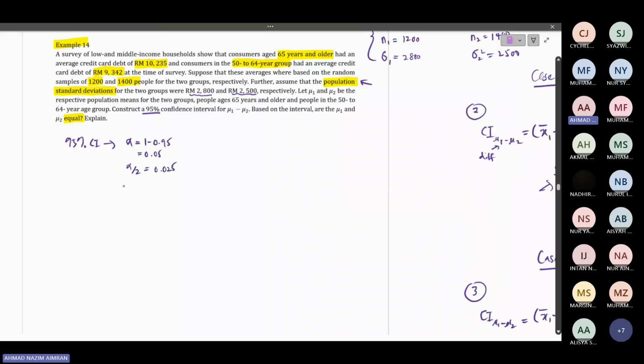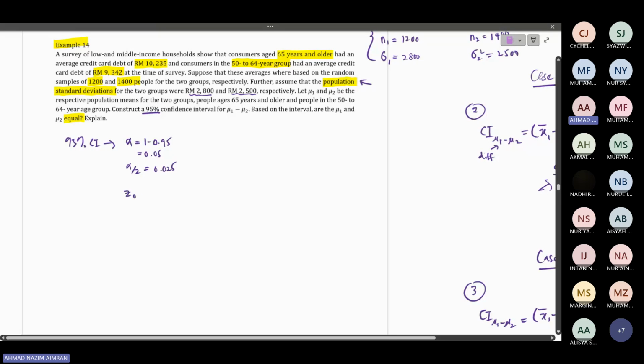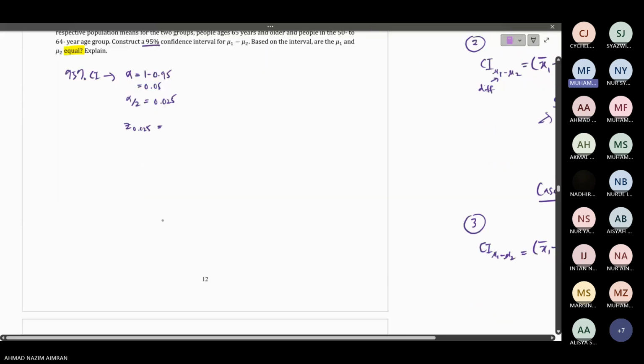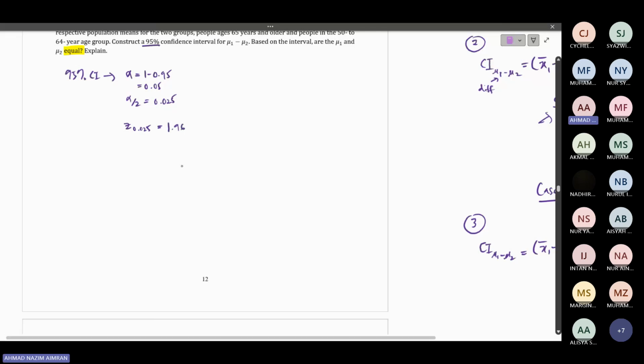Therefore, we need to use the first case: variances of the populations are known, then use Z. So Z 0.025 is equal to 1.96.